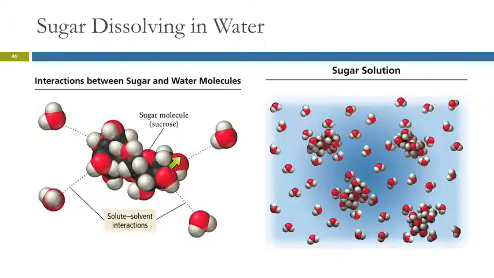And the slightly negative oxygen atoms in this sucrose molecule will be attracted to the positive ends of the water molecule. And so the sucrose molecules will separate from each other and they will float around in the solution, but because there are no ions, the solution does not conduct electricity. It's a non-electrolyte.